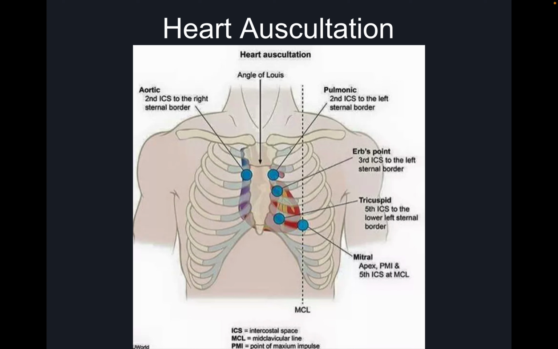But essentially, as you may know, the heart has two atria, a left and a right atria, and then two ventricles, a left and a right ventricle.